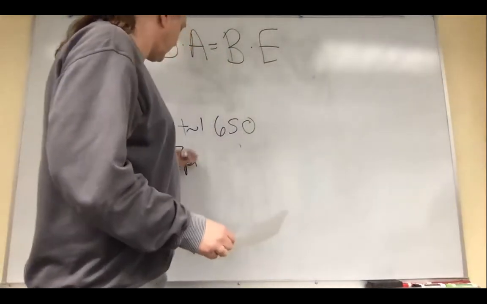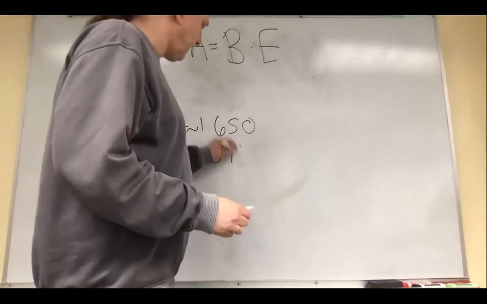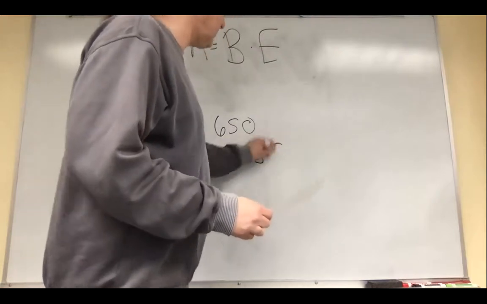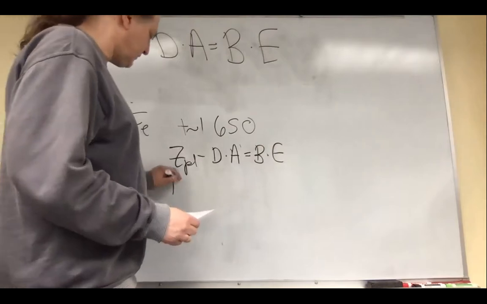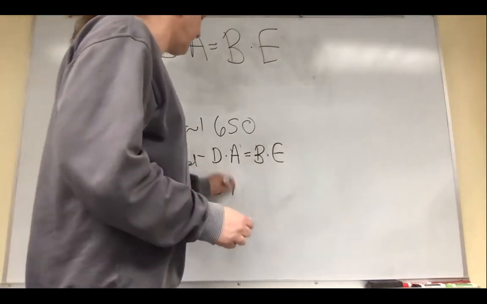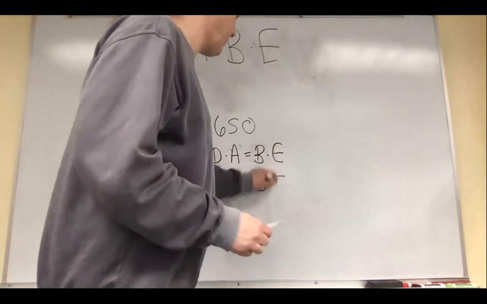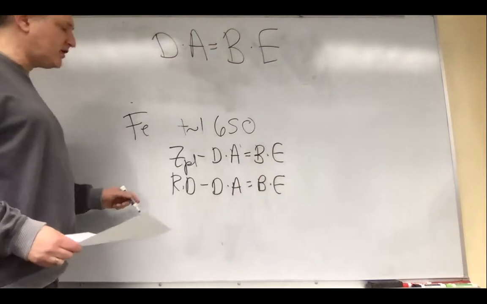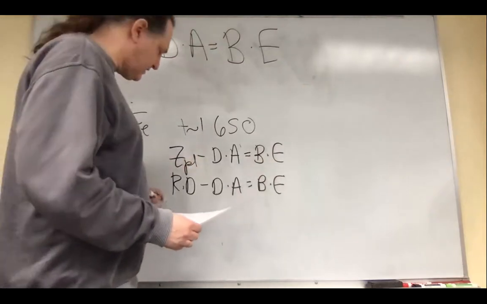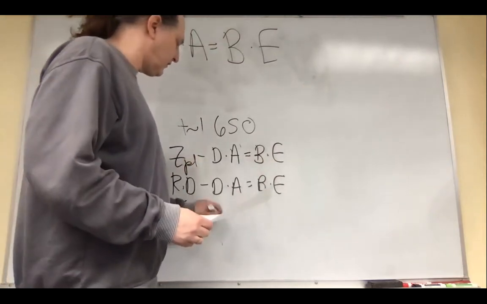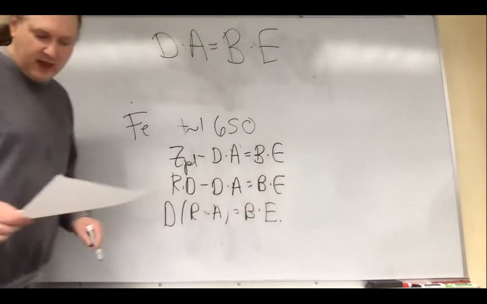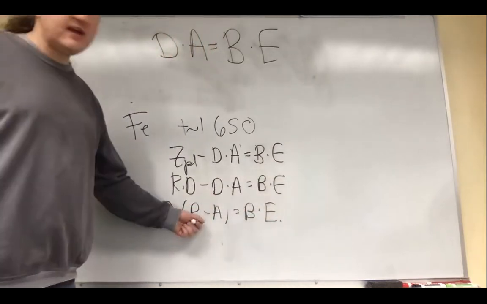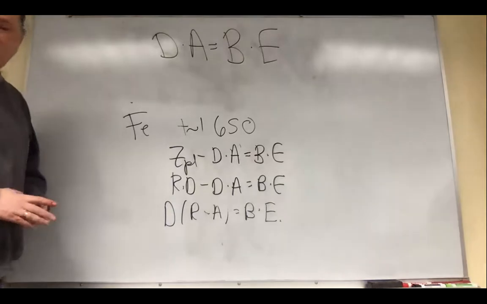So we have Z plane minus D times A equals B times E. And he said that Z plane was R times D. And then he knows that he can factor out a D and get R minus A equal B times E. And he says this is a great equation for this new line.